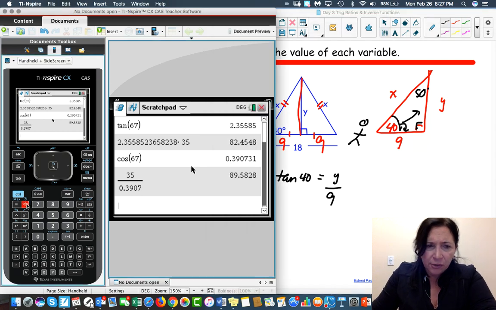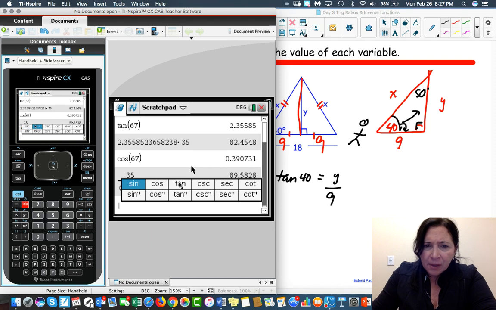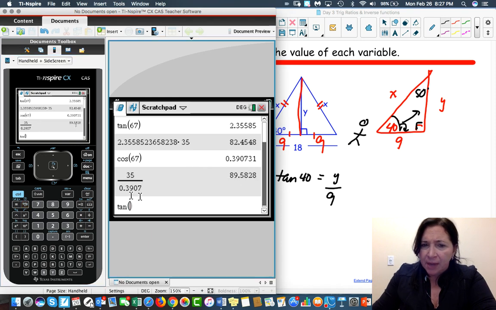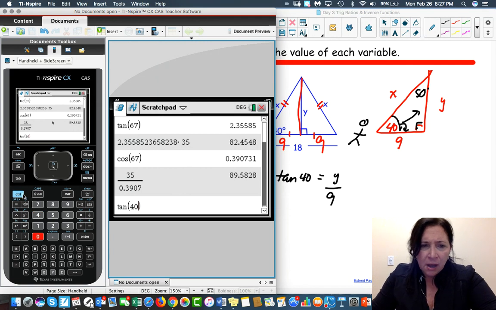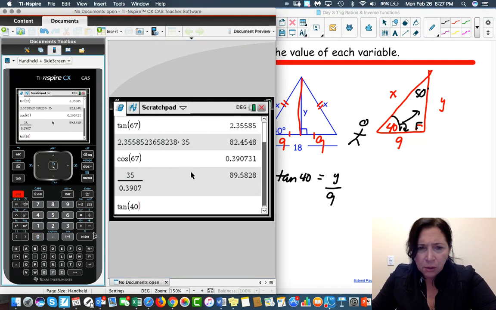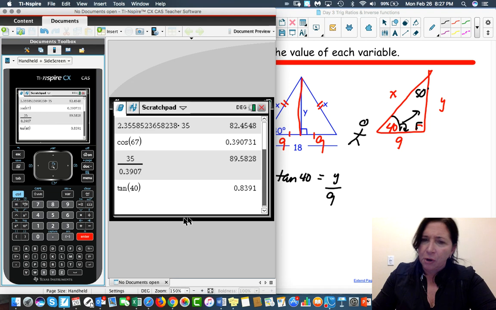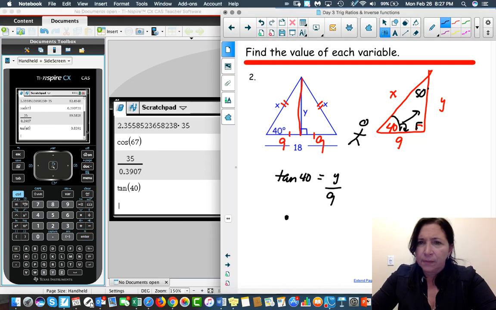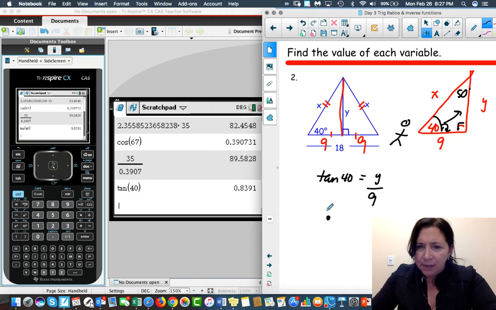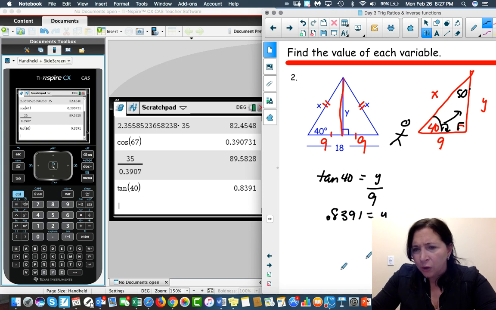I'm going to go to trig functions, hit tangent, and then type in 40. And remember, I need to go control equals to get an approximation. And that value is 0.8391. And that equals y over 9.